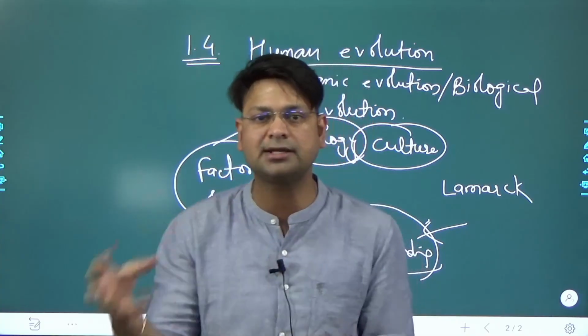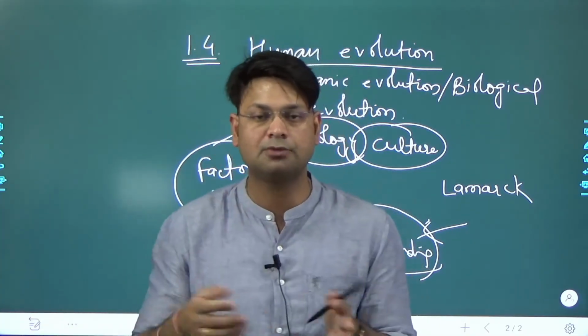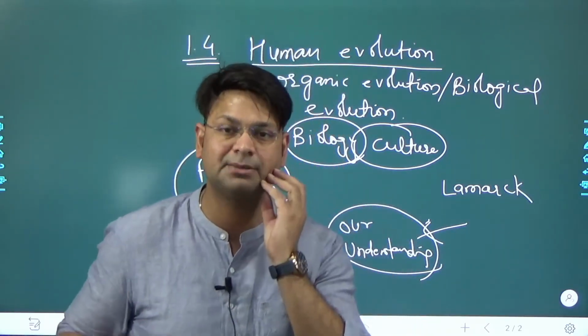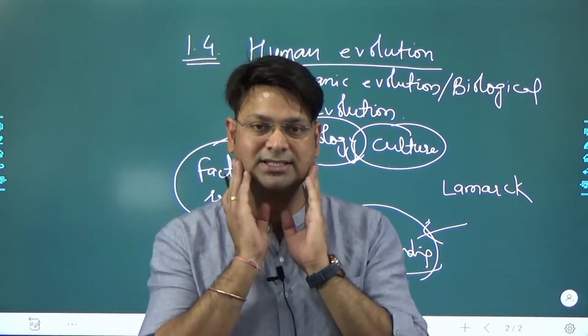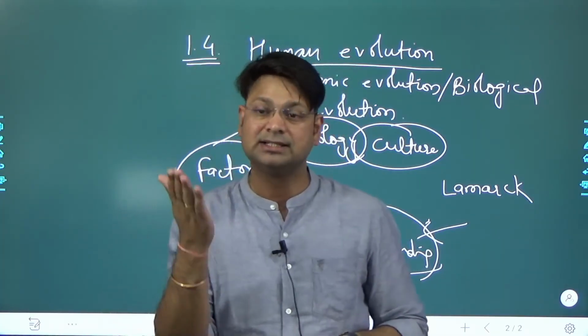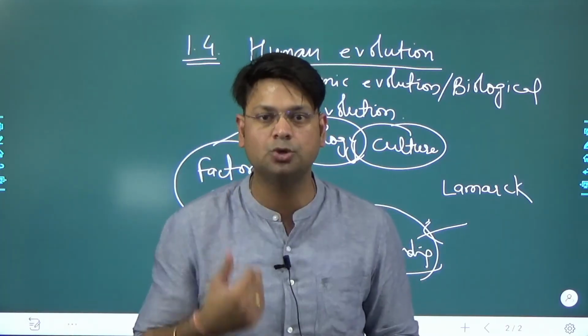We started cooking the meat, it became further soft. When we ate the cooked food, which was softer, the pressure on the jaws was limited. When there was limited pressure on the jaws, this remodeling of face and teeth took place, right? So you can say cultural factors like tool making and fire affected how I look today, right?